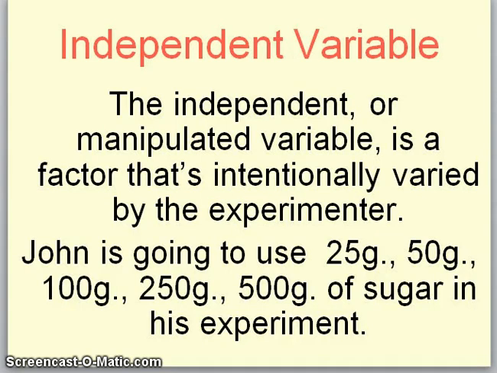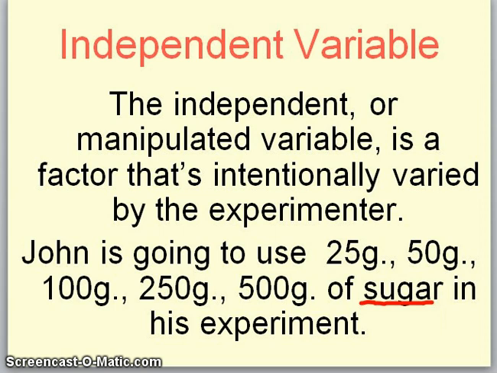In your experiment, your independent variable is the one thing that's changing all the time, that you're testing. In John's case, as you look down, it's the sugar. His independent variable is the amount of sugar in his experiment. It's the one thing that works independently to make that part of the experiment its own.